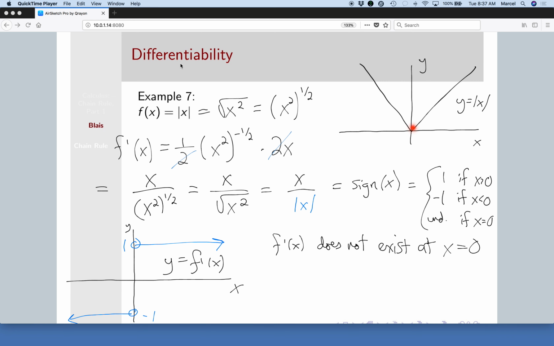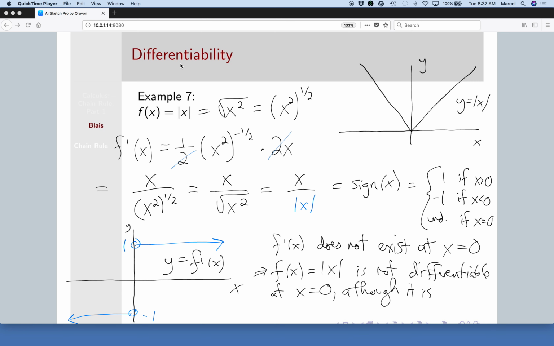So we see explicitly that f of x equals the absolute value of x is not differentiable at x equals 0, although it is continuous there.